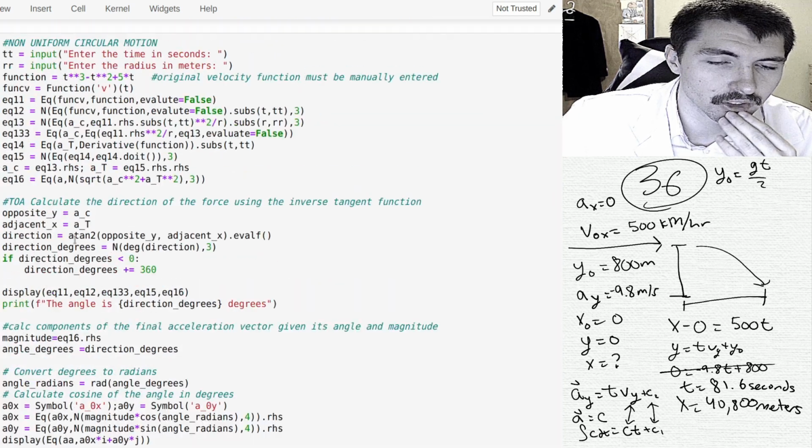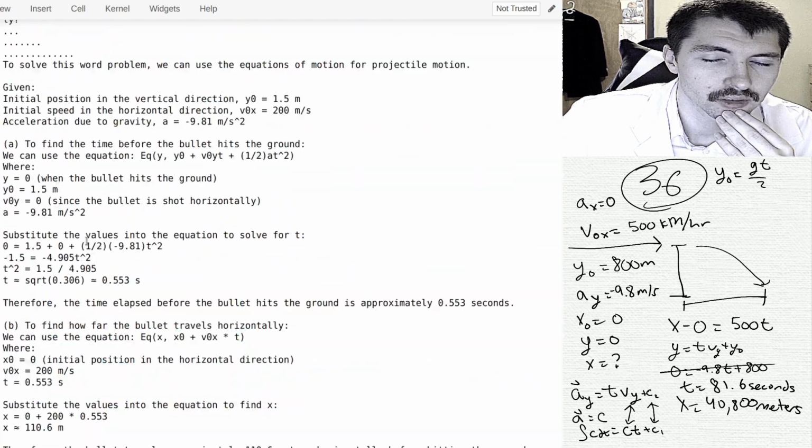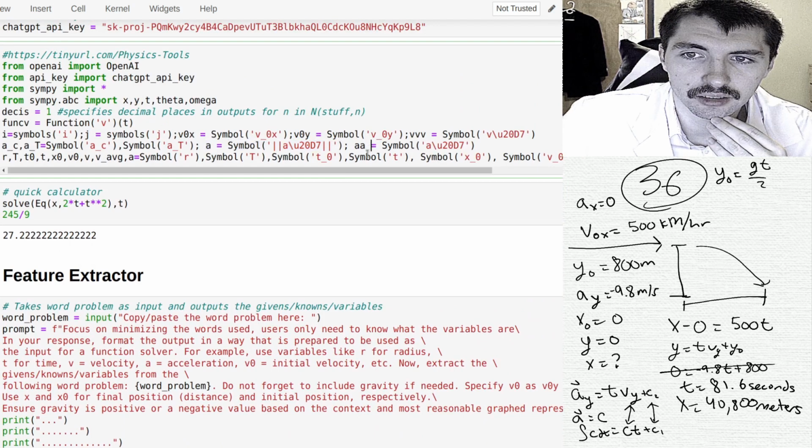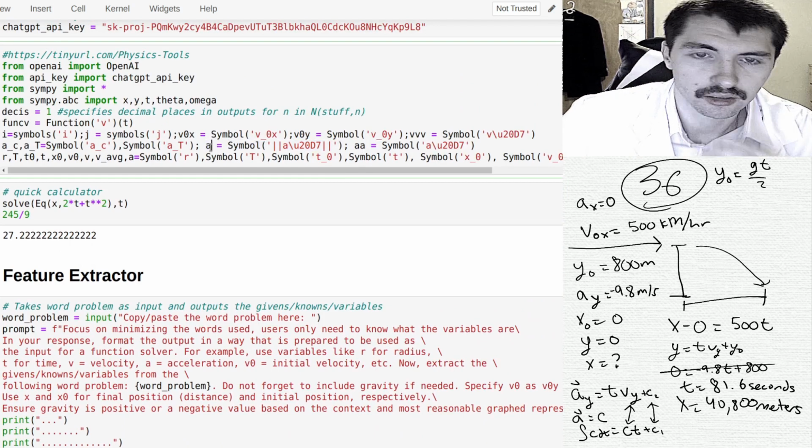So we use this here. Let me rewrite this as A mag. A mag.